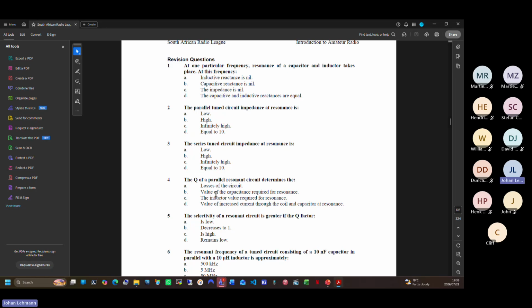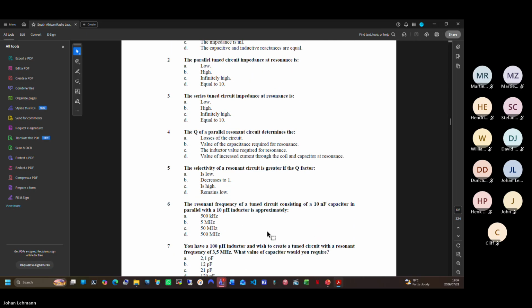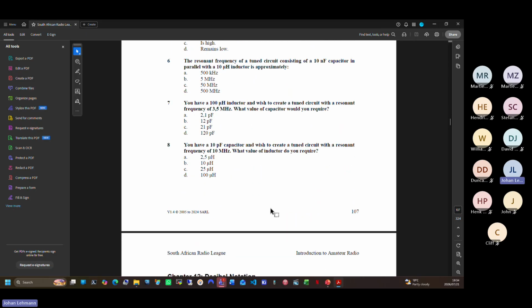A, losses of the circuit. Okay. Because obviously, if you look at that formula, it's reactance over resistance. So the higher the resistance of the resonance circuit is, the bigger the losses would be of that stupid resistor that gets in the way of resonance. Selectivity of a resonance circuit is greater if the Q factor is high, C.